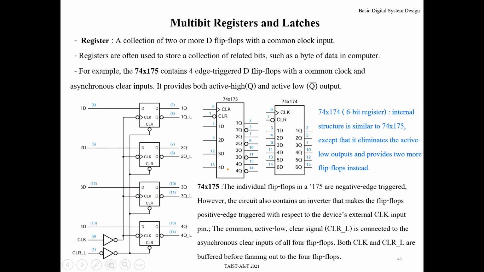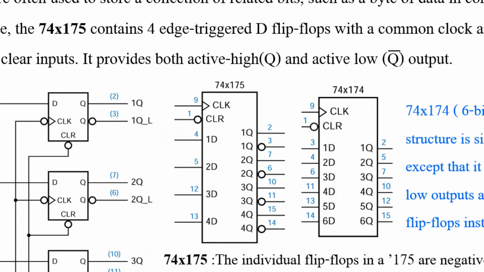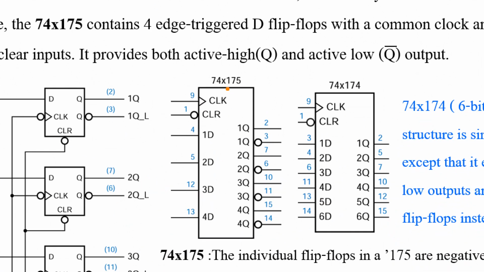Okay. For example, for commercial ICs, the first one is 74175, and the second one is 174.